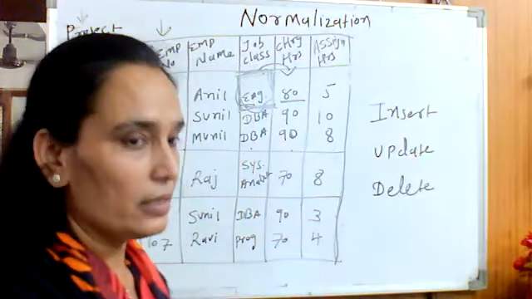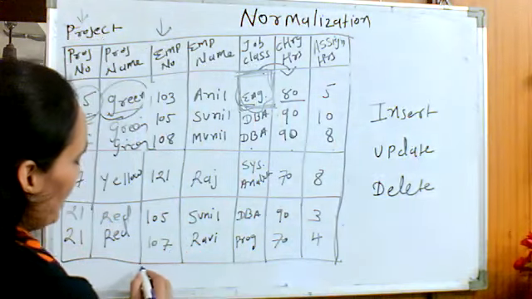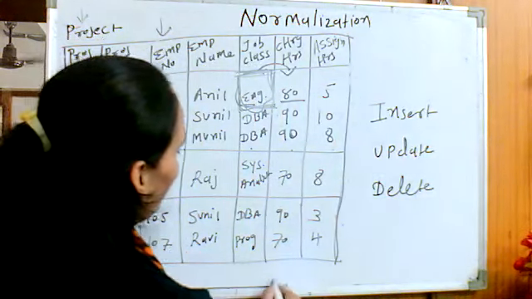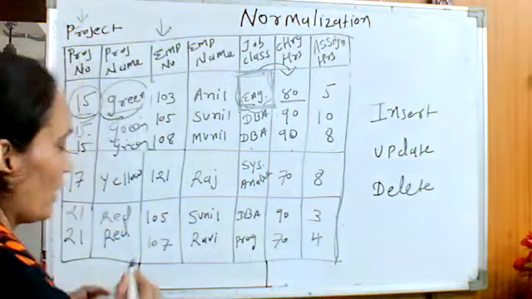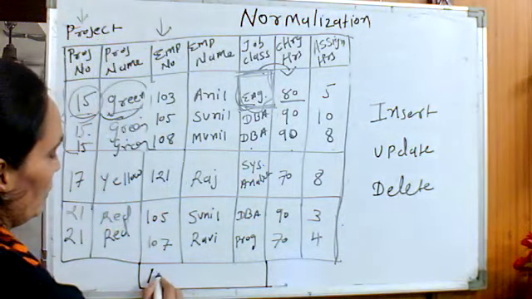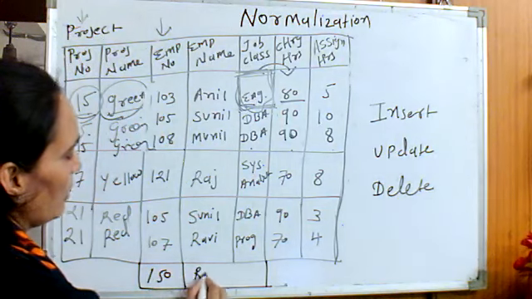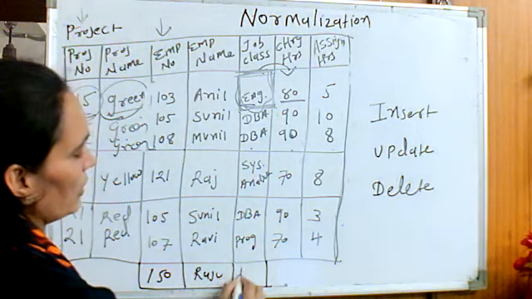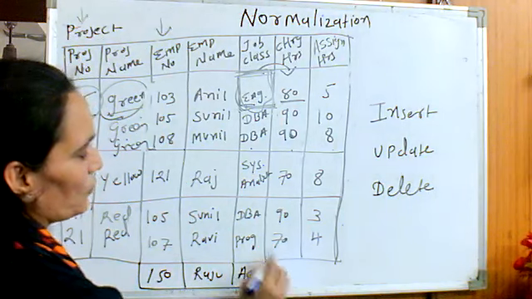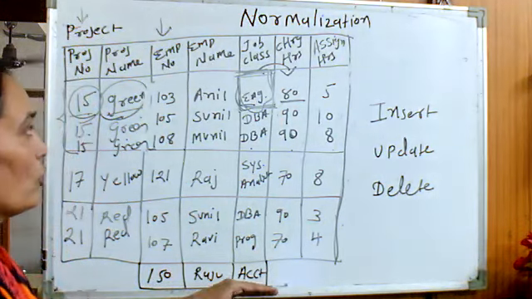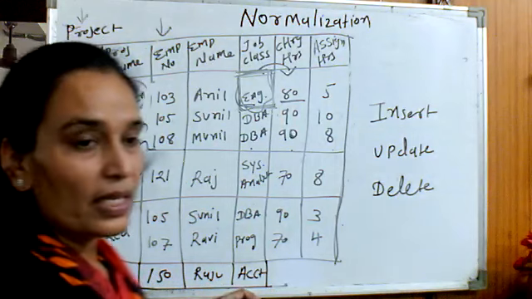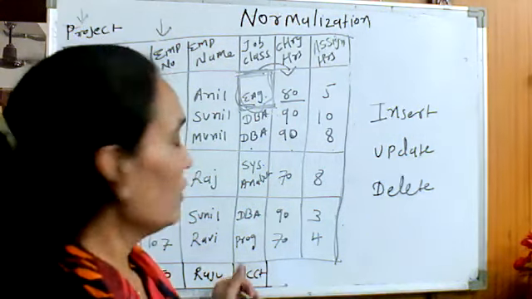First of all, insert. For example, I want to add one new employee here. Employee number 150. Name is Raju, who is an accountant. I want to add this information into this table. Can I do this? No. Why?